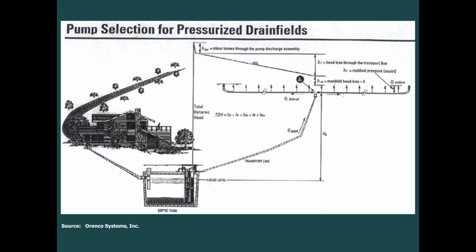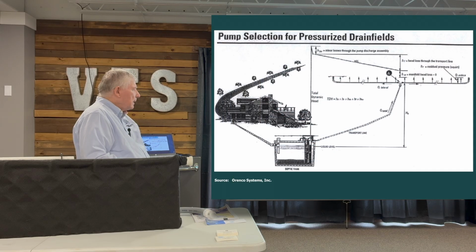Graphically, you've got a pump down here pumping up to a drain field with distribution pipes, and it's the friction loss of the pipe in the tank and fittings, and the friction loss in the pipe itself.